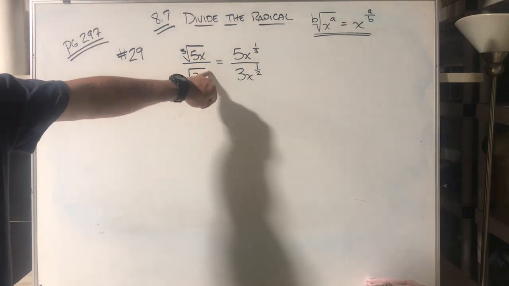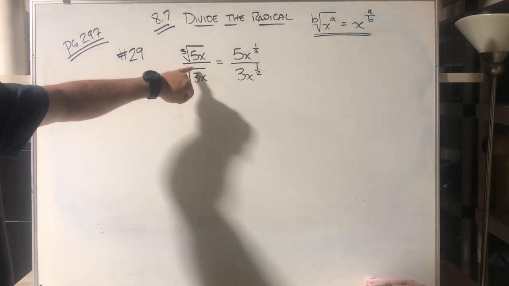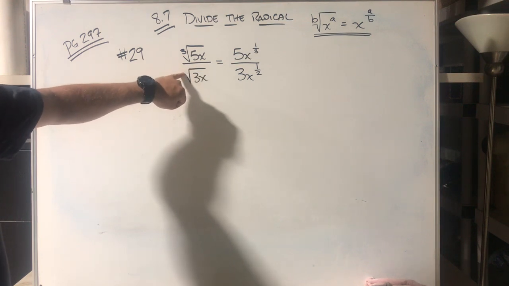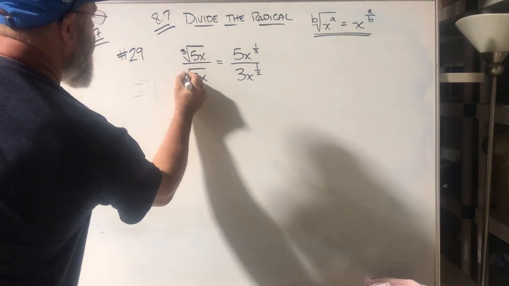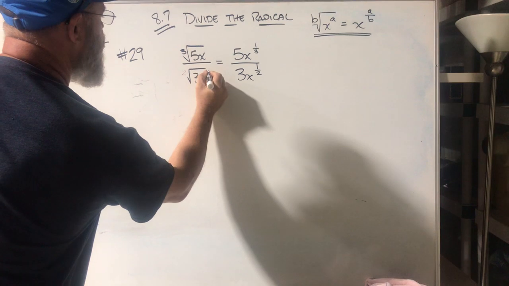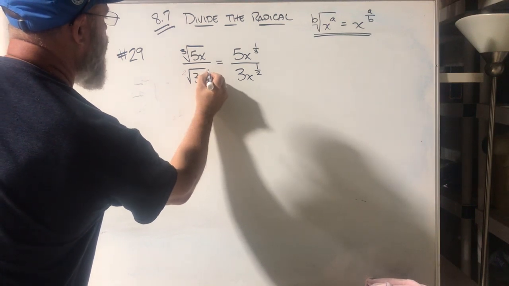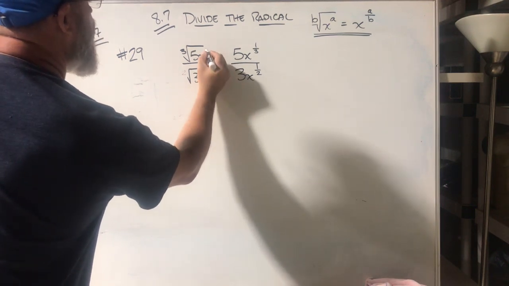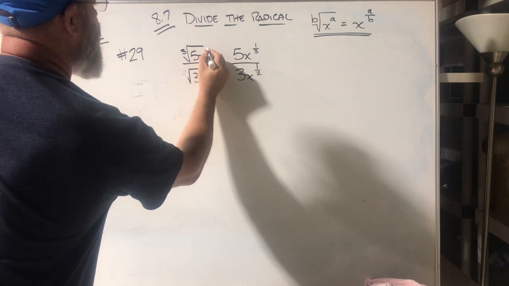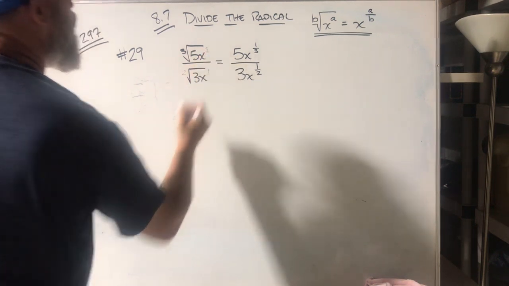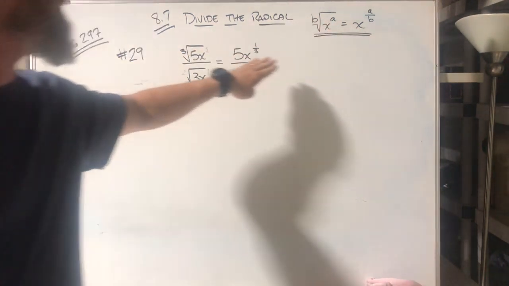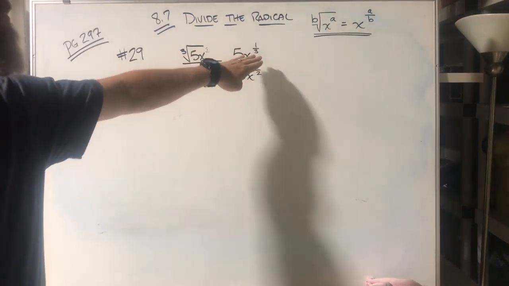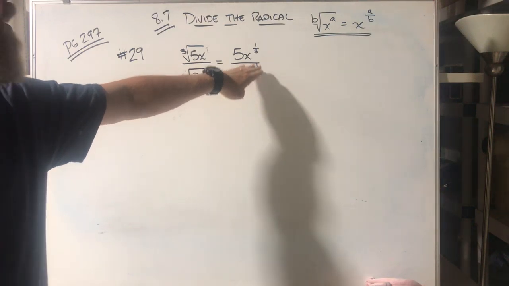Because we have to the power of 1, and when you have a square root with no index, then it's known to be a square root, which would be 2. So there's an invisible 2 here. There's an invisible 1 here, right? And there's an invisible 1 here, right?